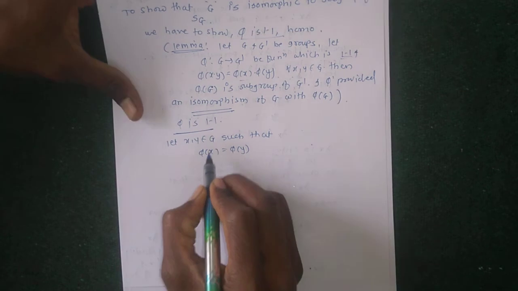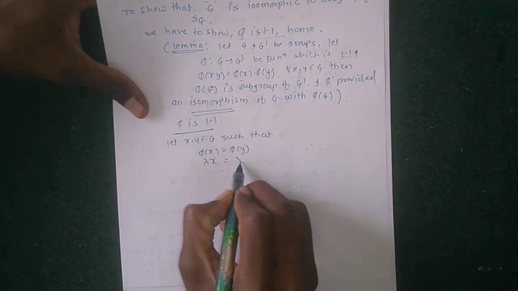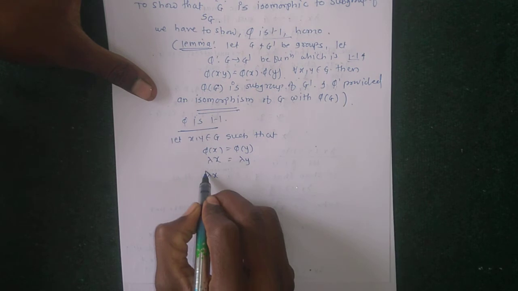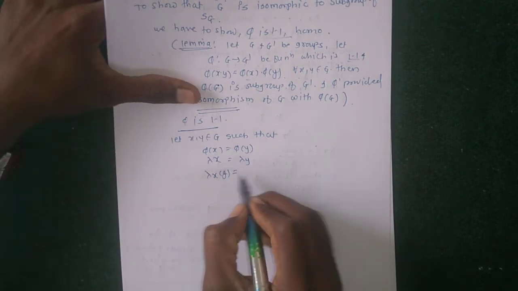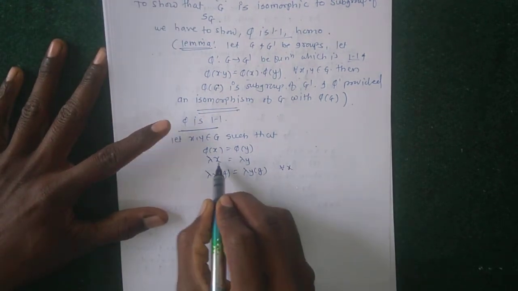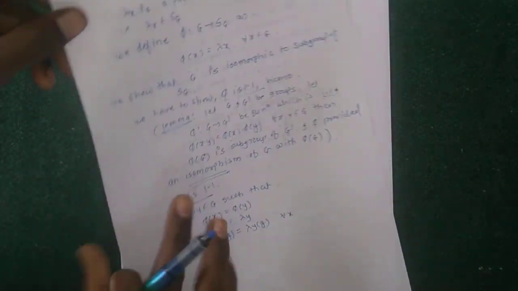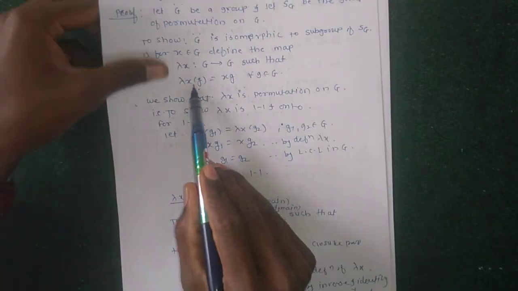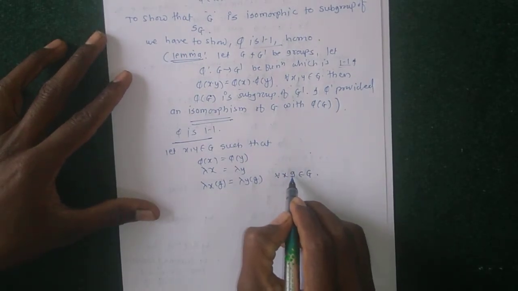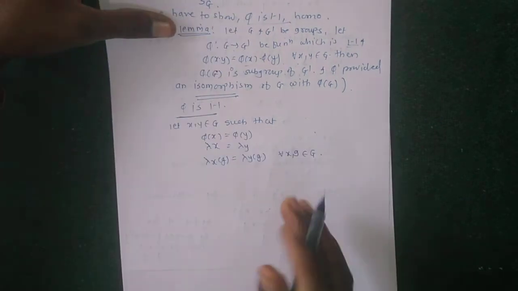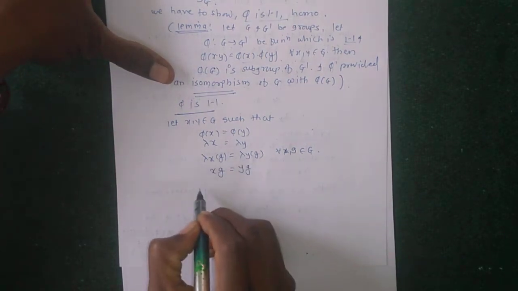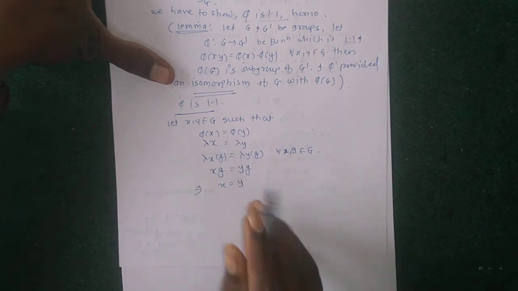Then by the definition of phi, lambda x equals lambda y, which implies lambda x of g equals lambda y of g for all g belongs to G. The value of lambda x of g is x g. So, for all g belongs to G, x into g equals y into g, and g gets cancelled, remaining only x equals y.